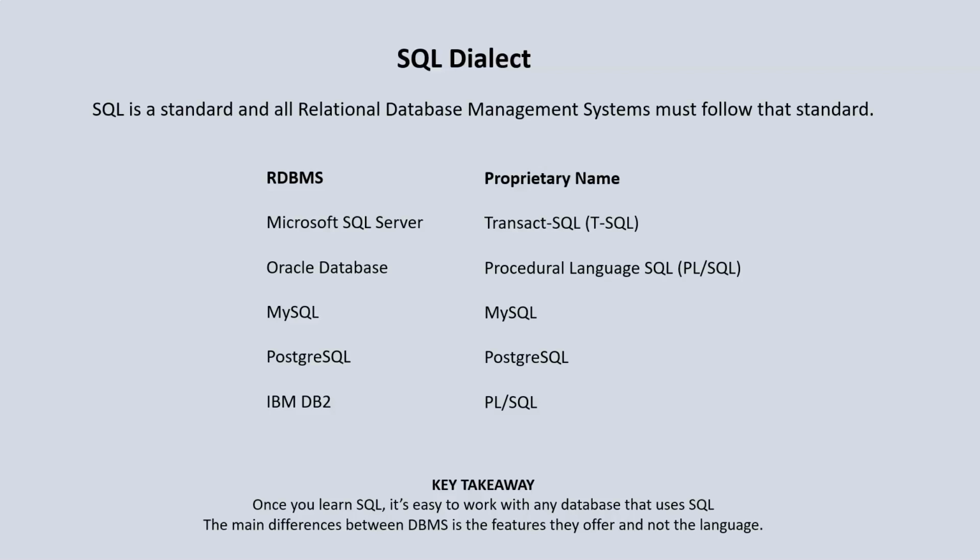MySQL is simply MySQL. PostgreSQL is PostgreSQL, and IBM DB2 is SQL PL. The key takeaway is this: once you learn SQL, it is easy to work with any database that uses SQL, because the main difference is with the features they offer and not the SQL language itself.